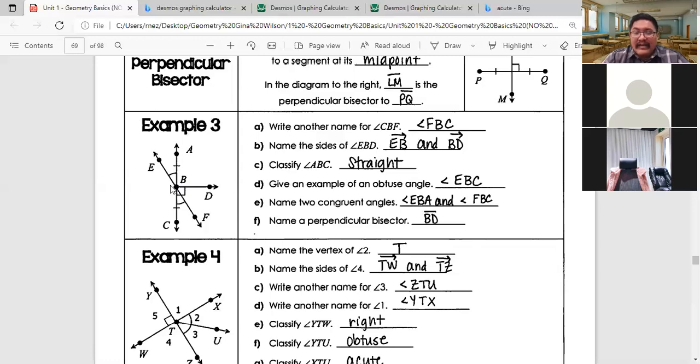All right, and when writing a ray, you have to write it in the right way. So you can't say B, E and then have the arrow point to the left. The arrow always has to point to the right. And it always has to go from the origin of the ray, where it begins, and then keeps going.